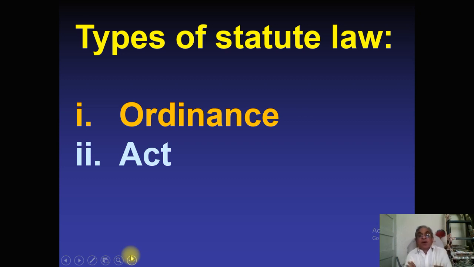Types of statute law. Statute law is divided into two types: ordinance and act. An ordinance is a temporary law. This temporary law is made by the President of Pakistan when the National Assembly or the Parliament is not in session and there is an emergency to frame the law.